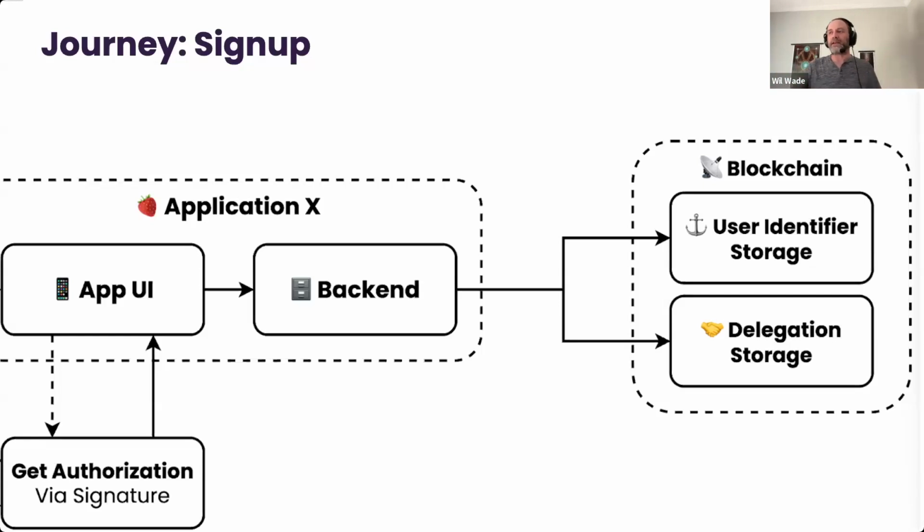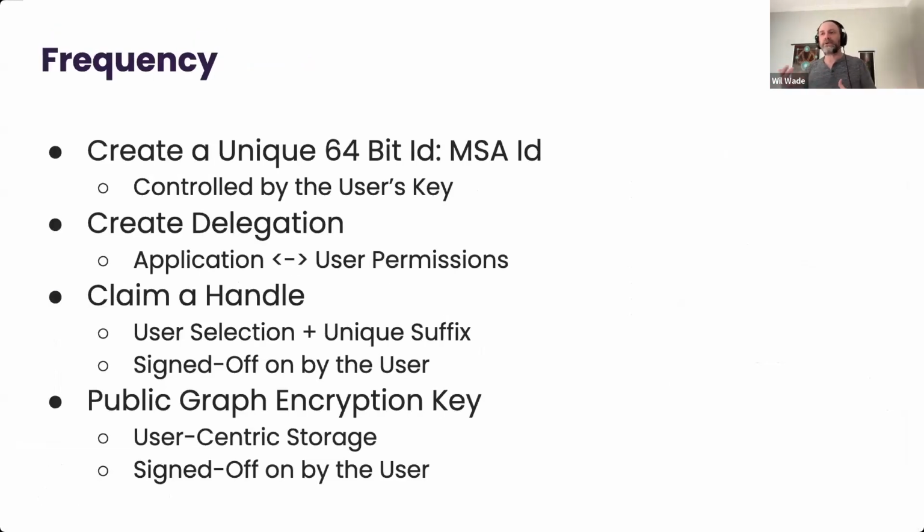And that, on the blockchain itself, is going to do things such as create a user identifier. It's going to update the delegation storage. And potentially, depending on whether it's a sign up or just a login, or if it's the first time a user's been to that website, or a new website when they already have a frequency account, frequency is going to end up with some levels of these things.